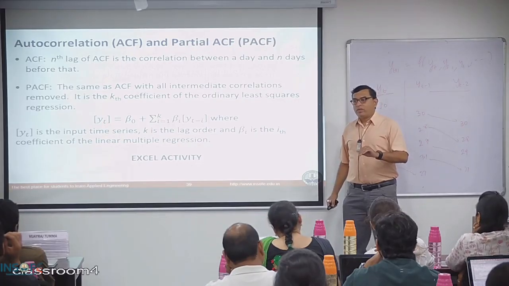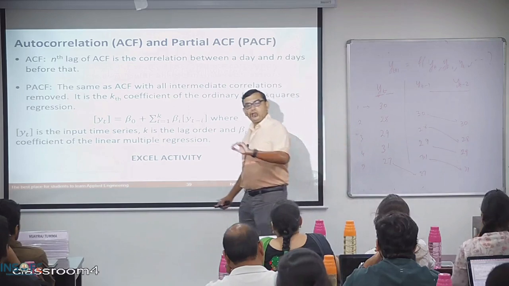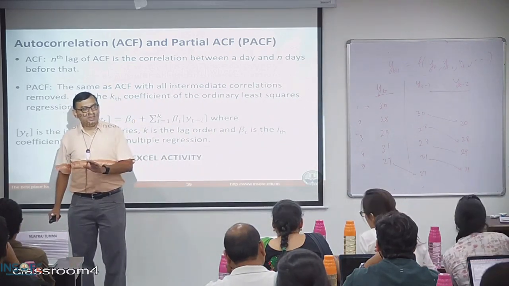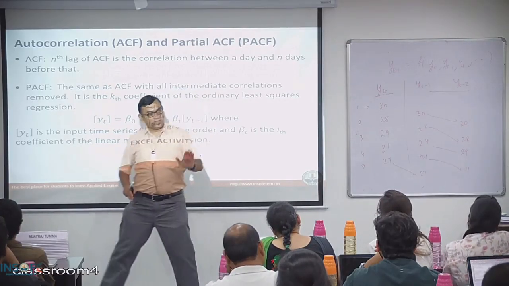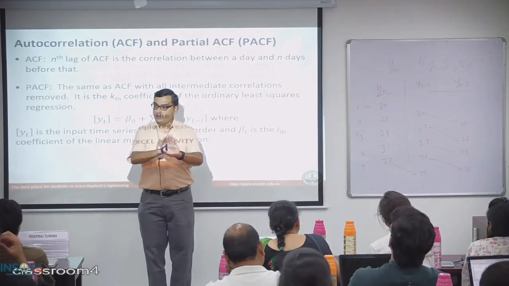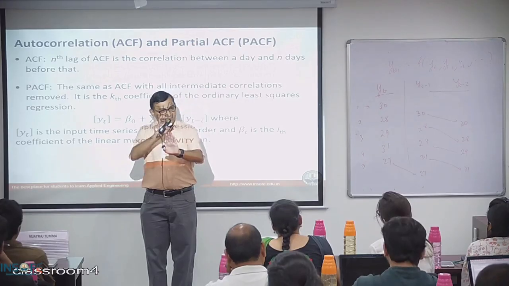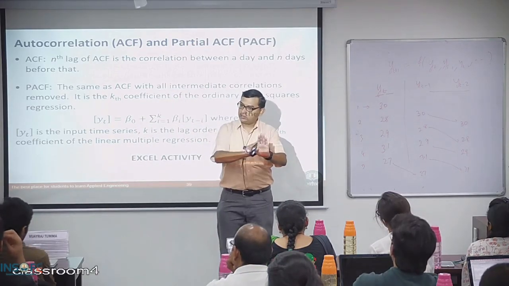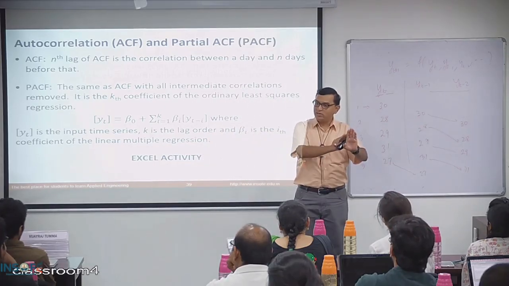Now, when we are talking about stock price, today's stock price is strongly determined by yesterday's stock price. Obviously, it means yesterday's and today's prices were close by. That's why today's price is strongly determined by the previous day's stock price, and that is strongly determined by the previous day's stock price.